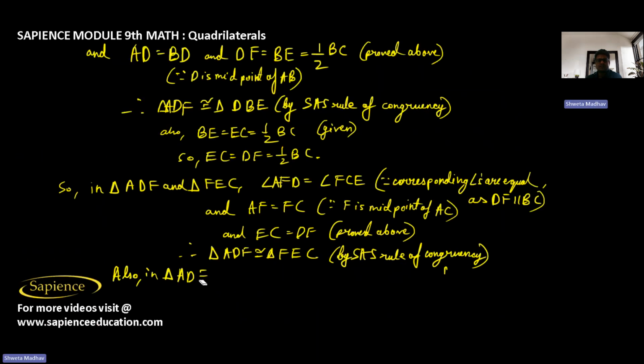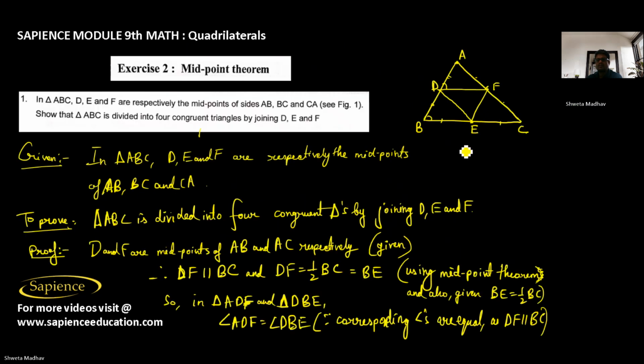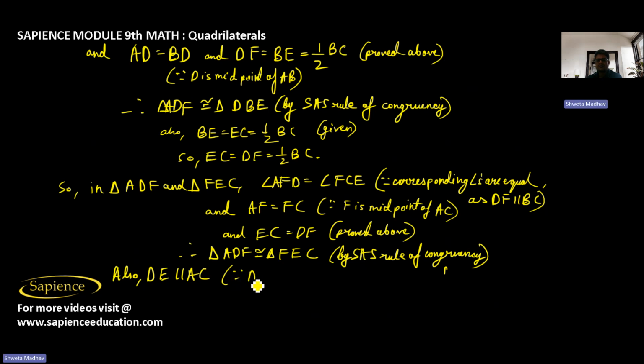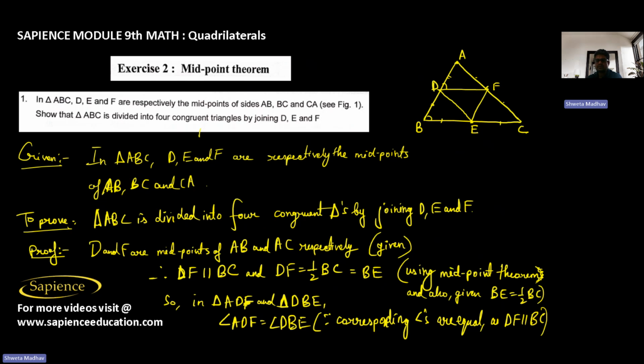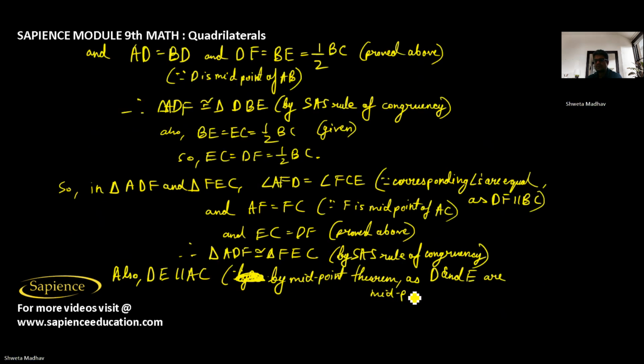Also, we can see that DE is parallel to AC, by using the midpoint theorem, as D and E are the midpoints of AB and CB respectively.